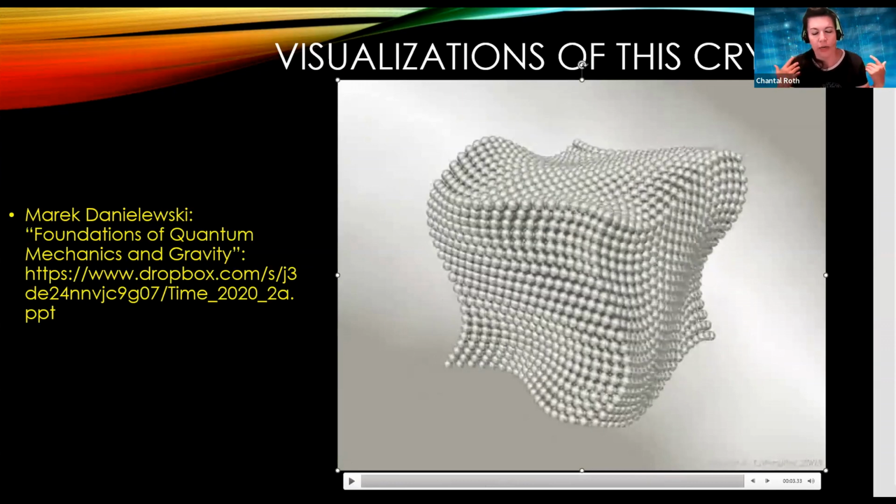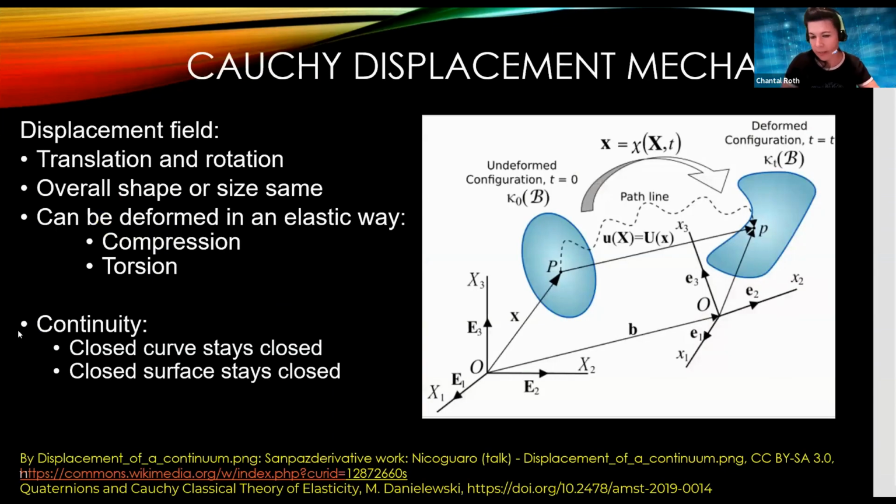So how do we now get from this idea to quantum mechanics? As Marek already mentioned, and he has worked on this for many, many years and has many papers on this, it starts with Cauchy, right? So imagine you have this elastic solid here, and you have this displacement field. Because things can be compressed, and you can have torsion, so basically translation and rotation.